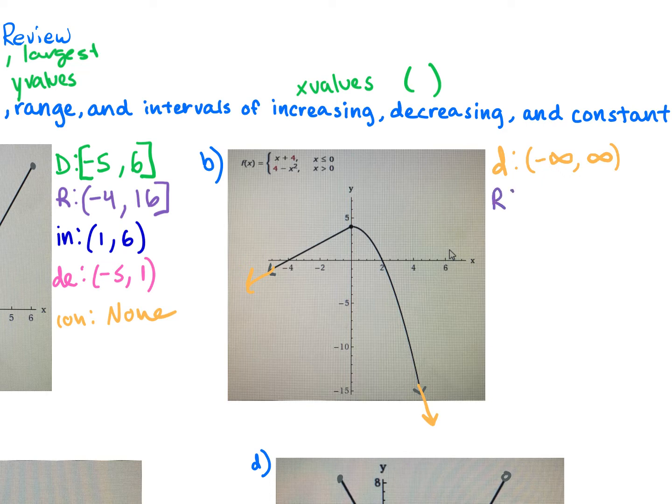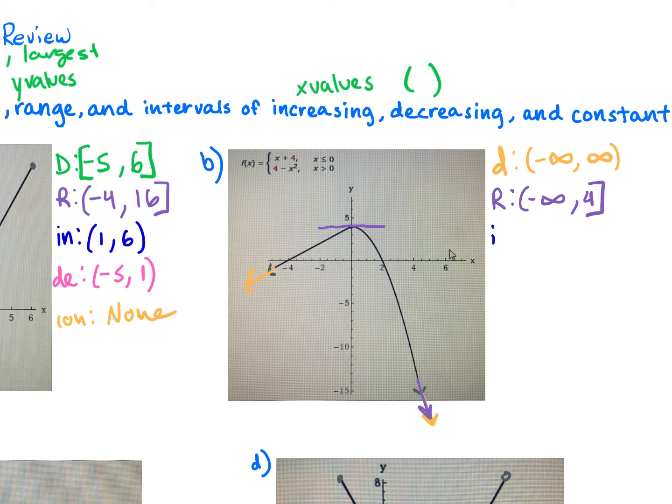And then for our range, we start down low, so our graph is pointing down, so that would be -infinity. And then the highest point our graph reaches is this one, which would be 4. And that's not an open circle there, so we put a bracket, including that point 4.